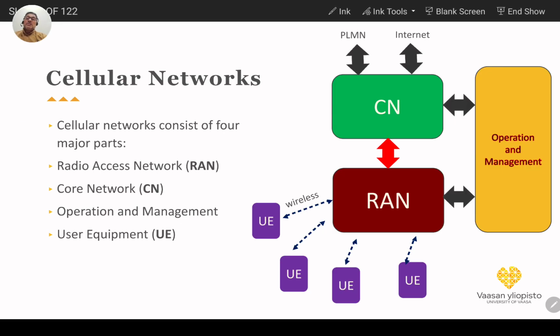Okay, now let us start with the concept of cellular network. A cellular network consists of mainly four major parts.